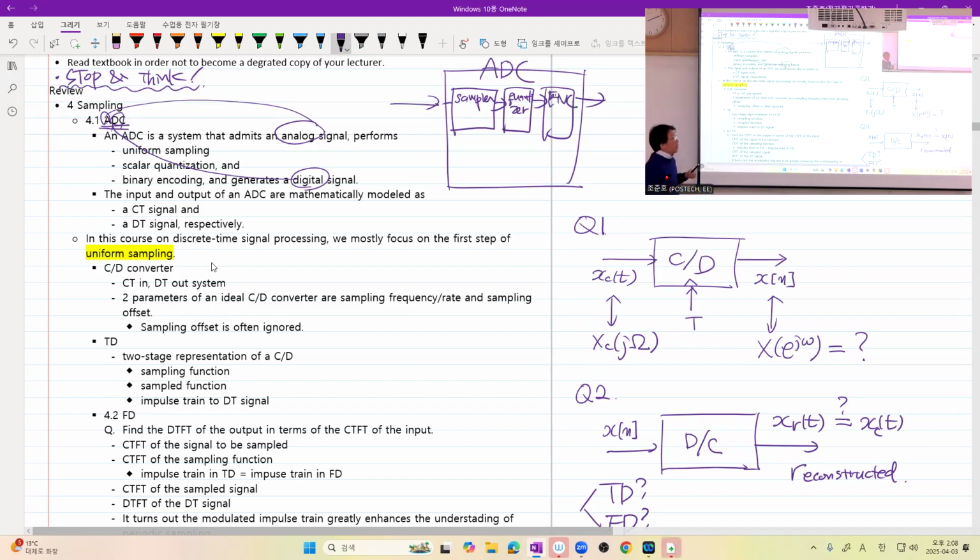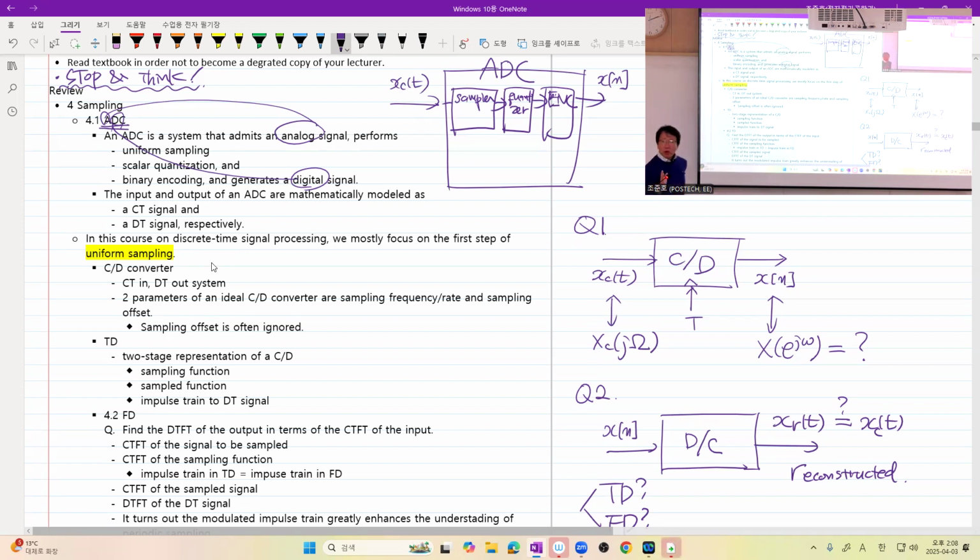This capital letter ENC is usually used to mean encoding or encoder. Got it? So here goes the CT signal, and here goes the DT signal.